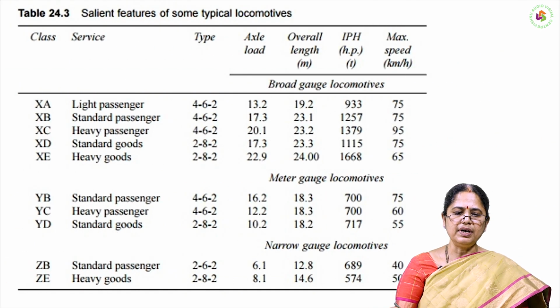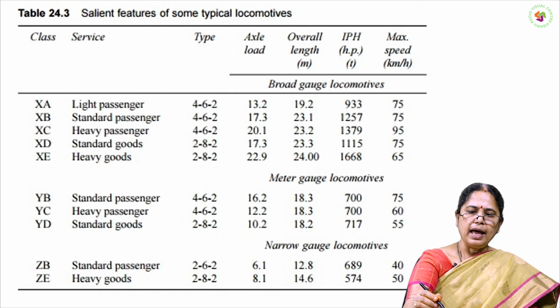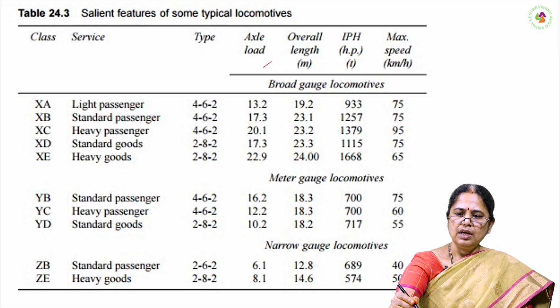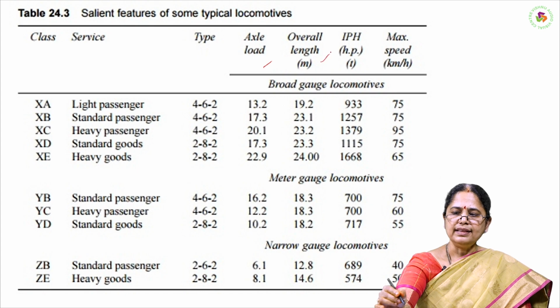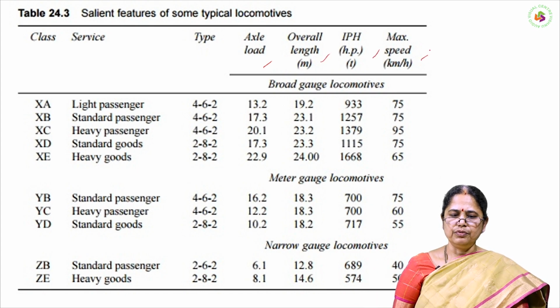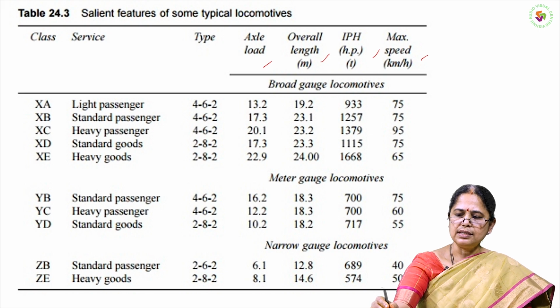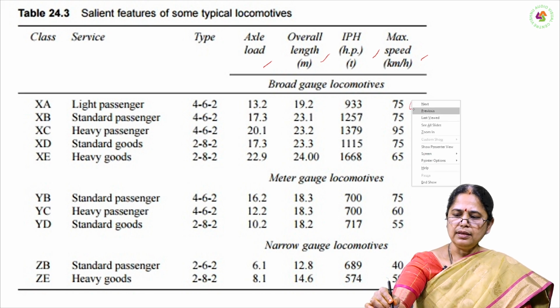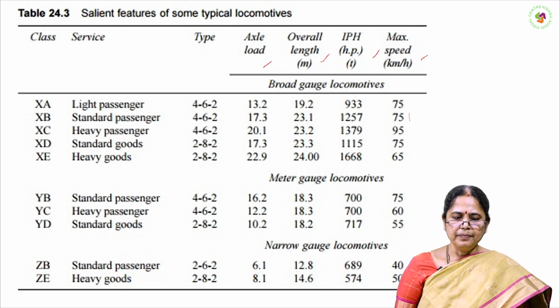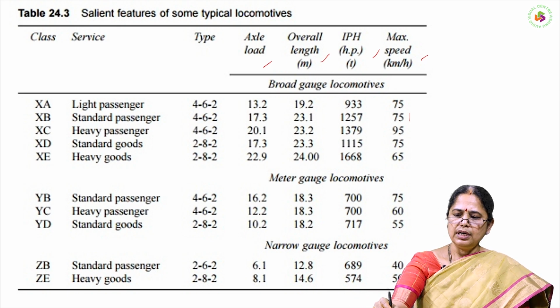This table gives the axle load of the different types of locomotives, the load which can be carried by the locomotive, overall length, horsepower, and maximum speed of the locomotive. Light passengers, XA, have a speed of 75 km per hour, and standard goods is 75.